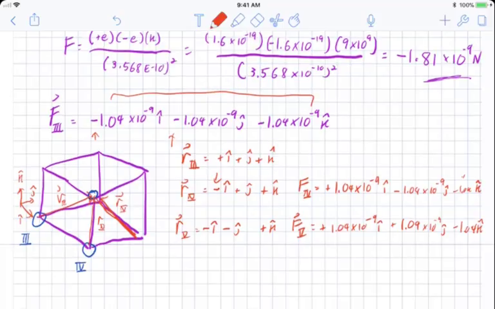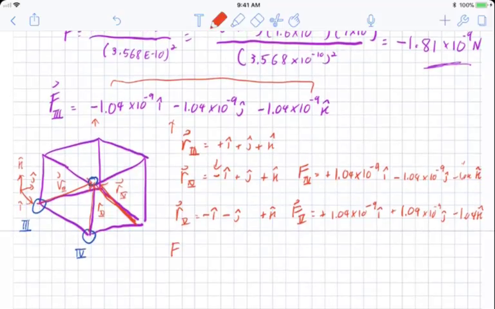So that actually takes us, all right, hold on, to 6. 6 is going to move to the right, so it's going to be plus I hat. It's still going to move up, K hat, but it's going to move in the minus J hat direction. Wait, no, minus.